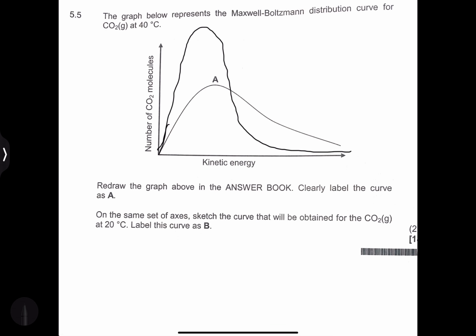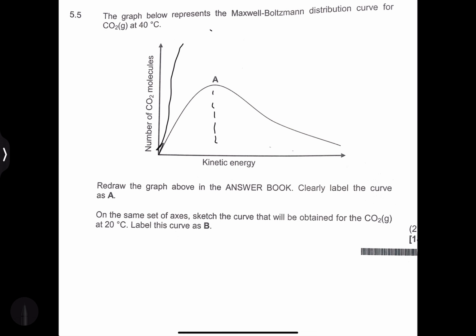You note that the average has leaned more to the left. So the average would now lean more towards the left at lower temperature.